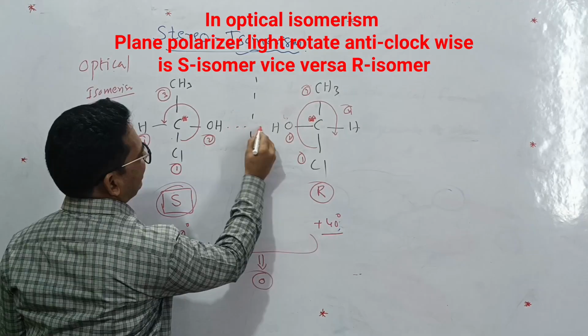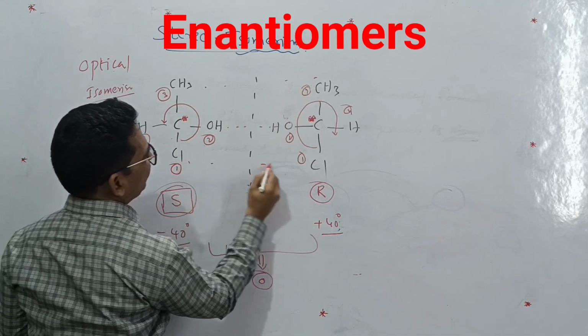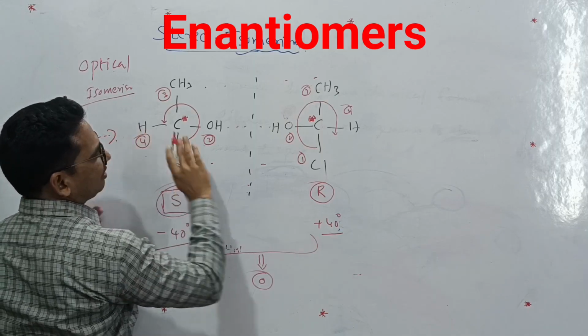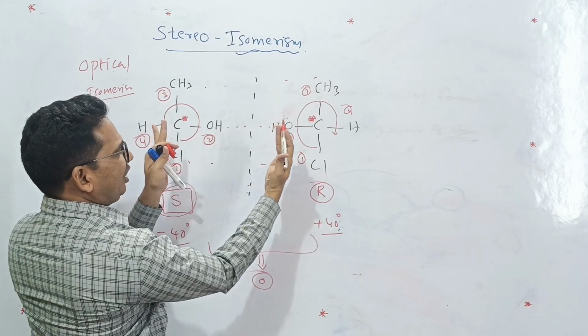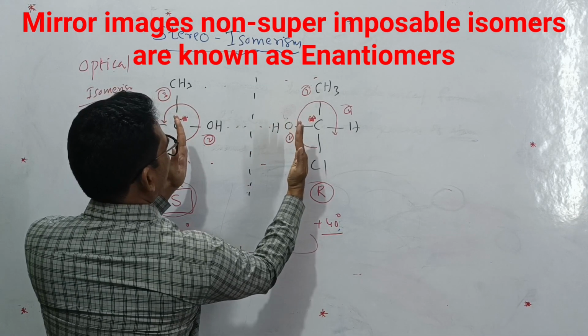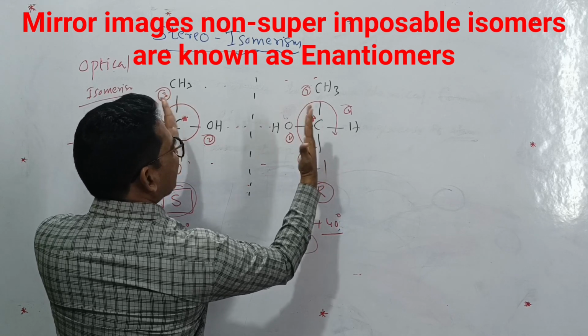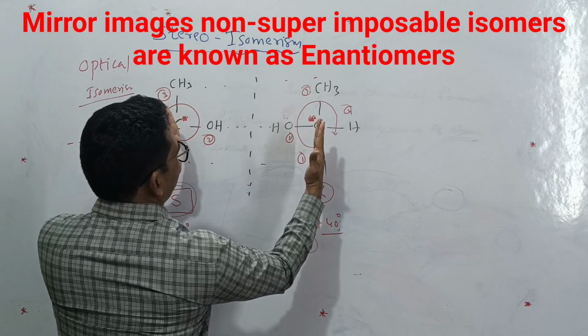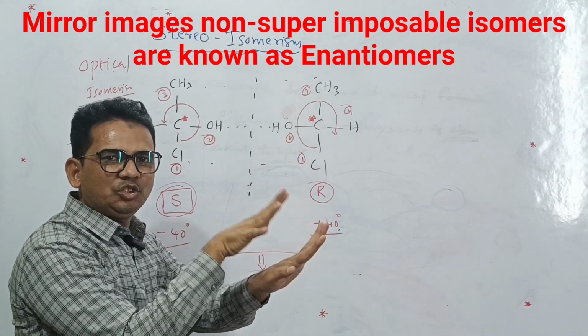See, the hydroxy group matches with this, the methyl matches on the upper side, the chlorine matches on the downside, the hydrogen away on either side. Both look like mirror images, like your two hands. See here, it will look like two hands. They are mirror images when you see them in the mirror. But they are non-superimposable.